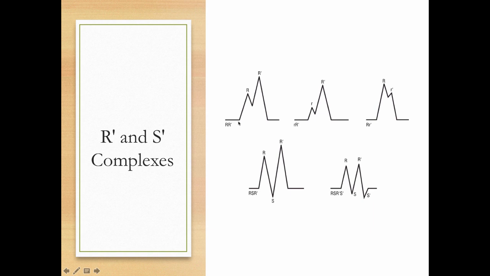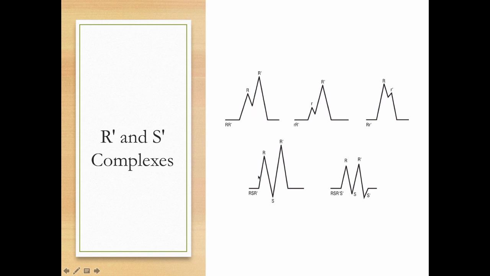We don't have a negative deflection after the P wave. Let's pretend there's a P wave here. We don't have a negative deflection. It goes an R, and then R prime. Little r, big R, R prime. So little r, big R. Here we go, big R, little r.